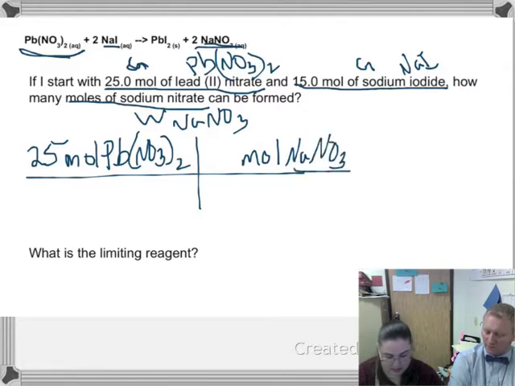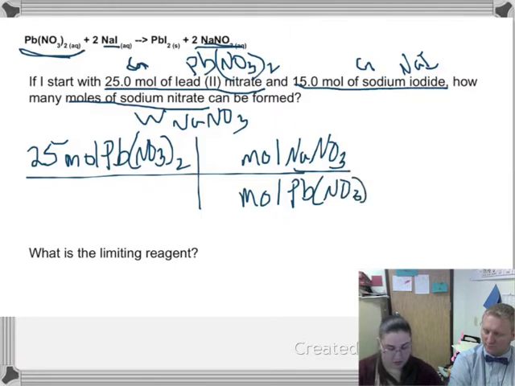If I'm going to moles of sodium nitrate, I'm coming from moles of PbNO3. Where am I going to get my molar ratio? We have to look at the coefficients in the equation, same thing we've already been talking about again and again.